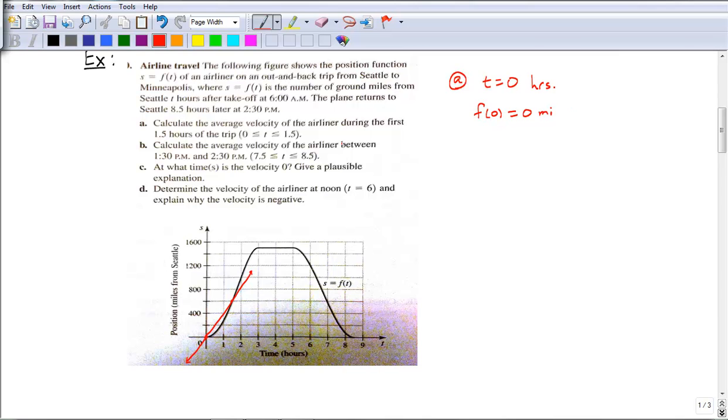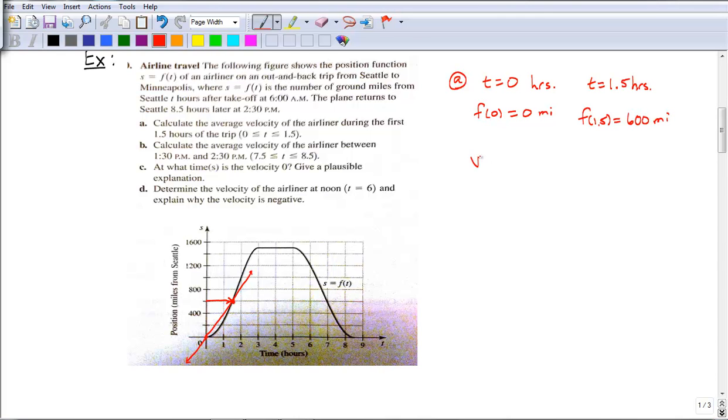And then I've got to figure out what happens at 1.5, which is the ending time. So at 1.5 hours, the position at 1.5, we can tell by looking at the graph. This must be 600. So this is the point (1.5, 600). The y value is 600 miles from Seattle.